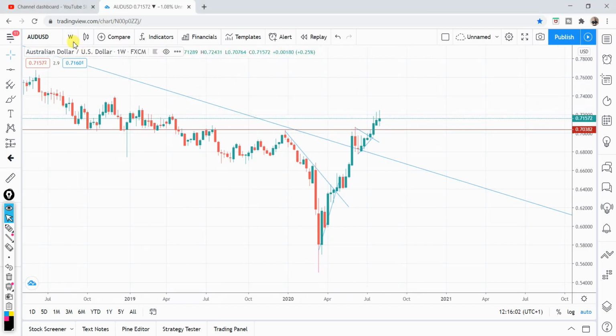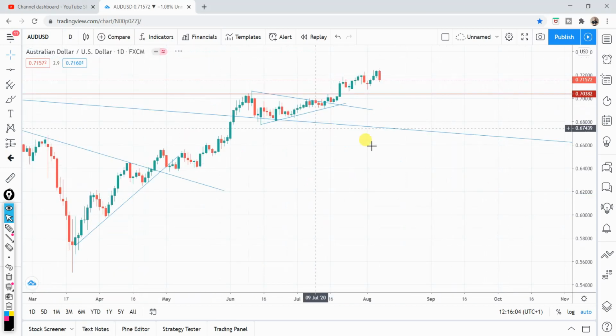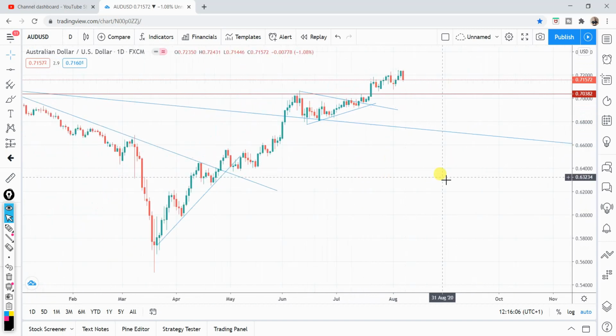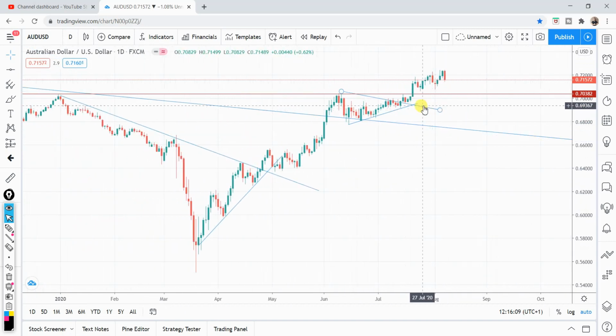Let's go to the daily time frame. On the daily time frame, it's a bit more clear that the price is starting to curve slowly. If you look closely, it has slowed down compared to, for instance, here. In this earlier view, it did a retracement without the curve, and then we had a continuation towards the upside.